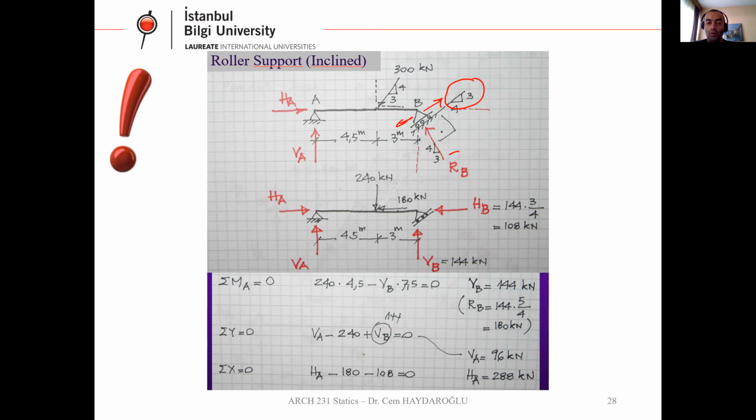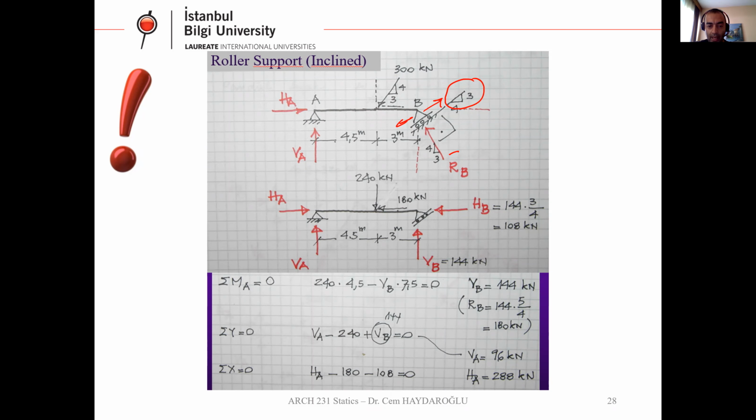So depending on the slope, I convert this RB to perpendicular components, VB and HB. That's why we see here two components. Actually, there are not two components for the roller support itself. We have only one, which is RB. We resolved this RB to two perpendicular components. So at the end, we have these forces.